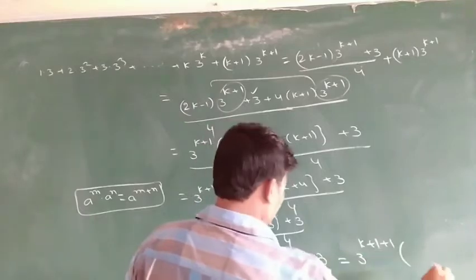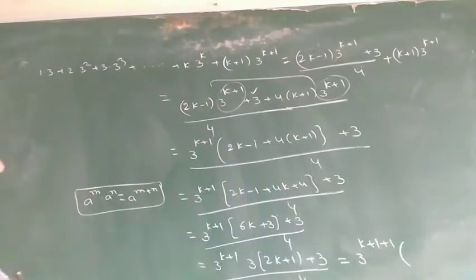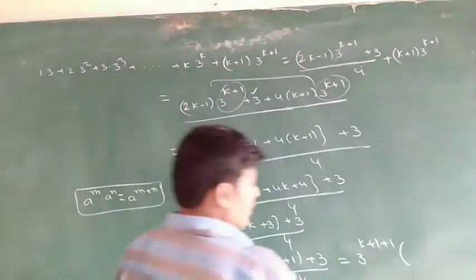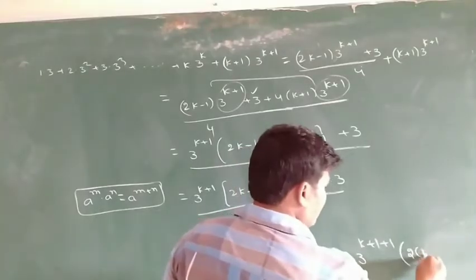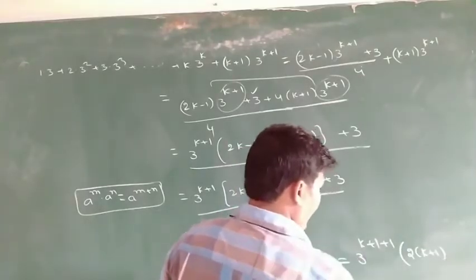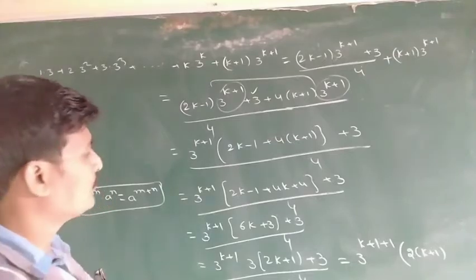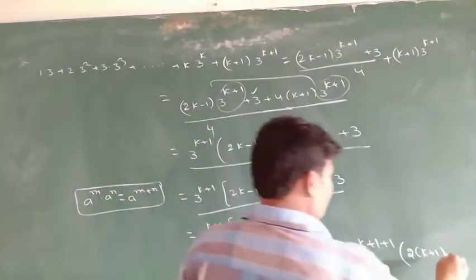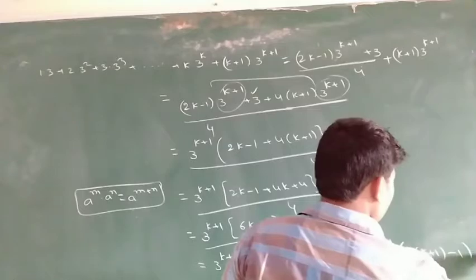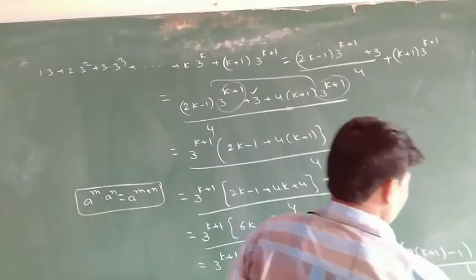The 2k minus 1 is converted into 2 of k plus 1, that is 2k plus 2, minus 1, plus 3 by 4.